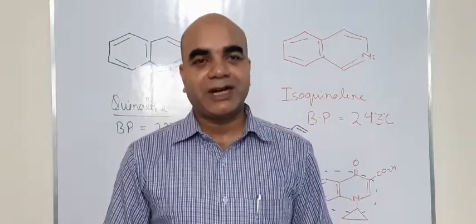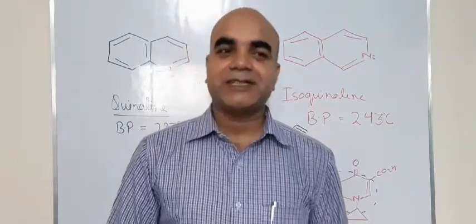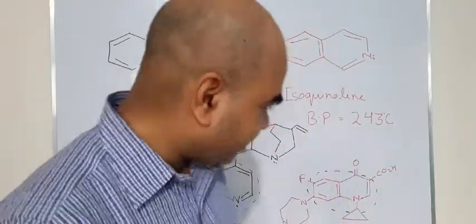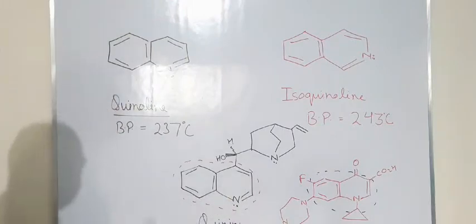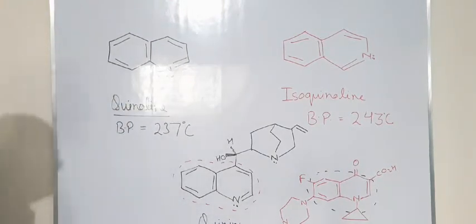Now we will see how these molecules can be synthesized in the laboratory and what is the mechanism of formation of these molecules. If you want, you can write these structures. We will start with the synthesis of quinoline derivatives.